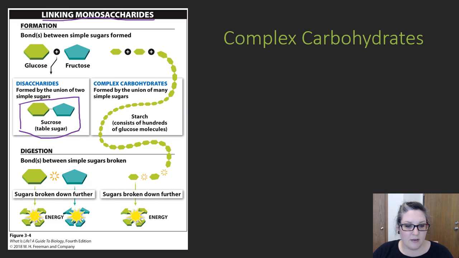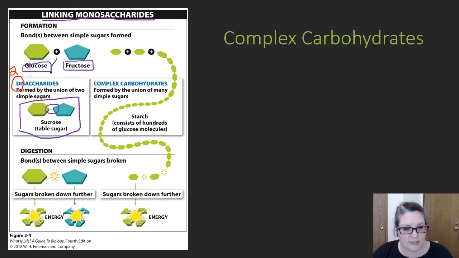It is made of a combination of two monosaccharides, glucose and fructose. When they have a bond together, they're what we call a disaccharide. Di means two saccharides, two sugars.